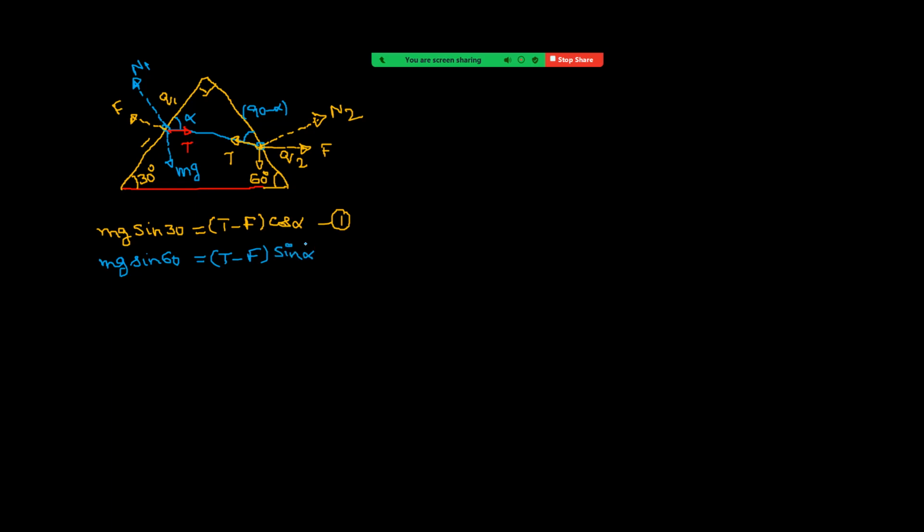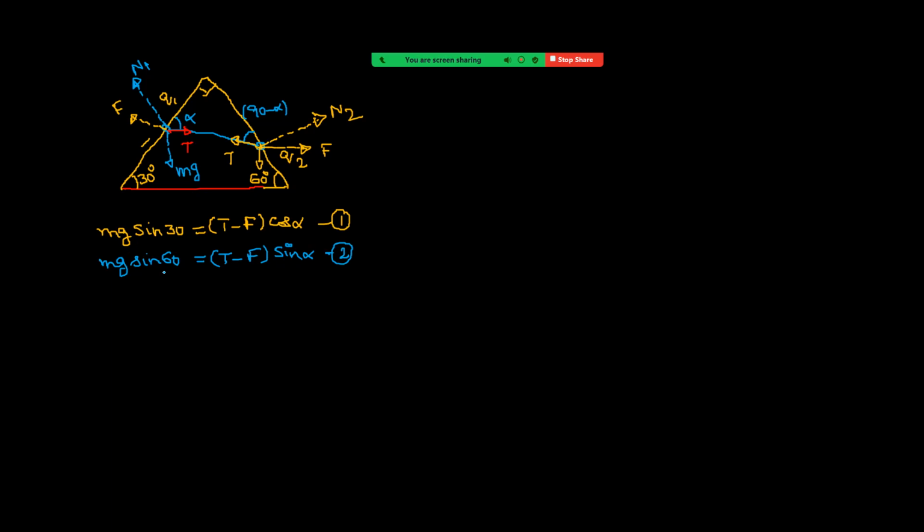See how we got this one. This angle is 90 minus alpha, so (T minus F) into cos(90 minus alpha), that is sine alpha, along the wire frame. And that is balancing mg sine 60. Equation 2.